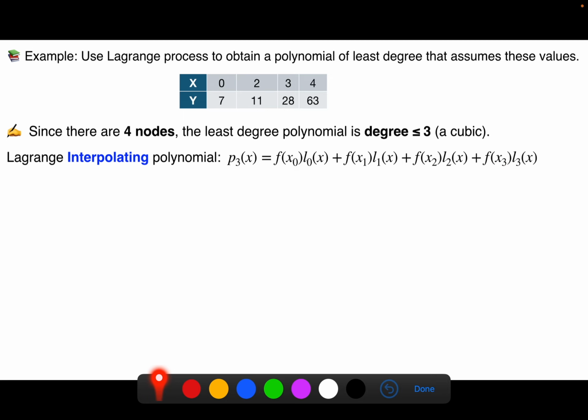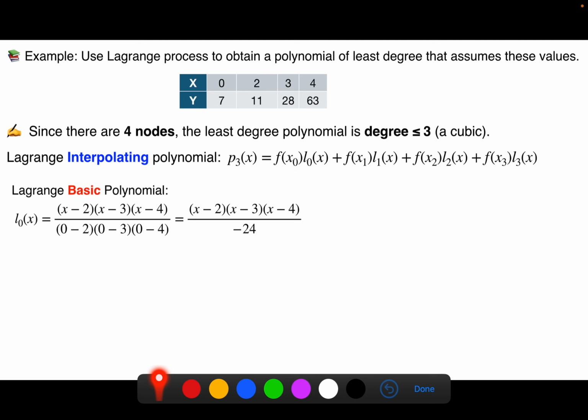Now let us construct the Lagrange basic polynomials first. So first we find L0(x), that is corresponding to x0 equal to 0. So we multiply the factors (x minus 2), (x minus 3), (x minus 4), three factors, and divide by the constants (0 minus 2), (0 minus 3), (0 minus 4).